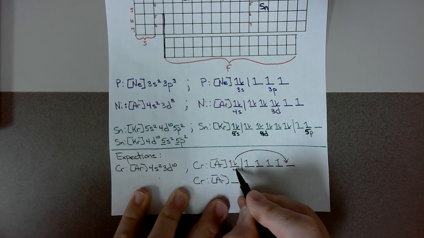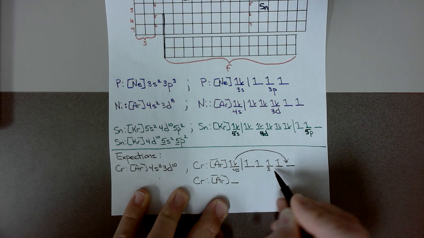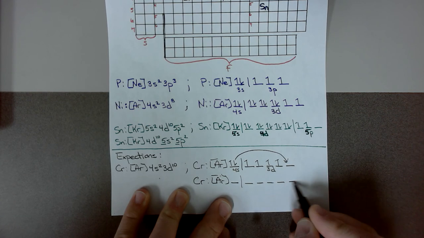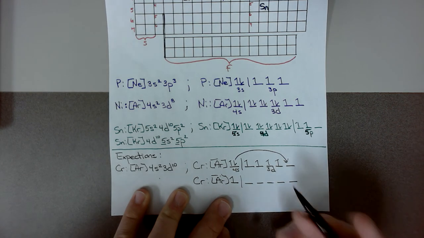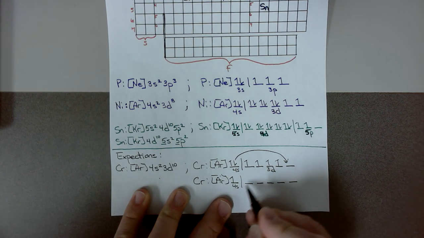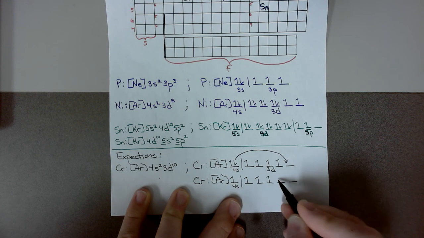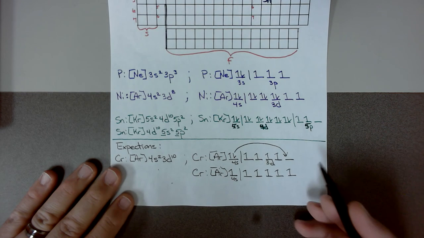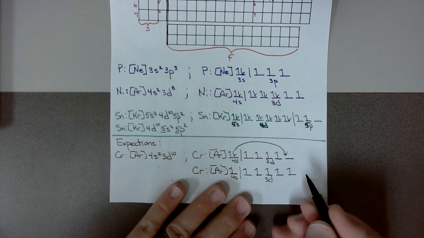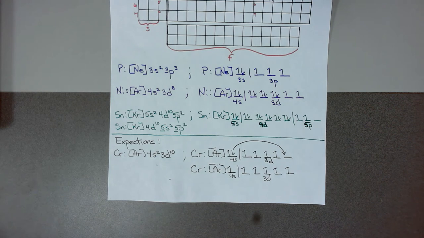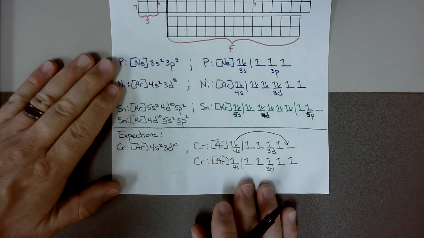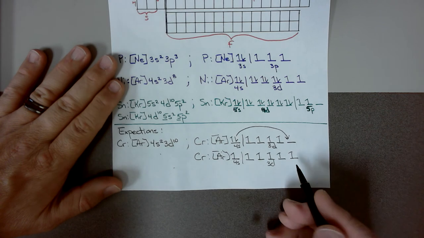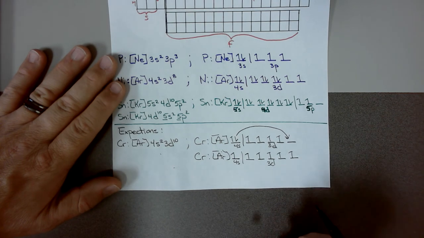and that's 4s, 3d, 1 2 3 4 5, and then you'll have an electron in the 4s, and then 1 2 3 4 5 electrons in the 3d. And so now I have some orbital stability by half-filling that 3d sublevel, or putting an electron in each of the orbitals in that d sublevel.